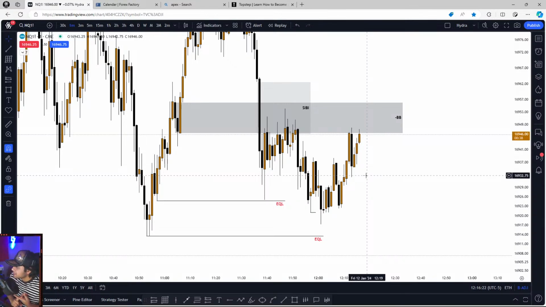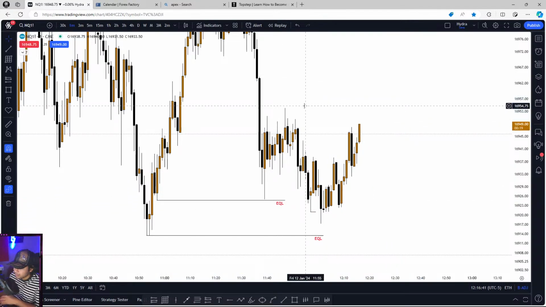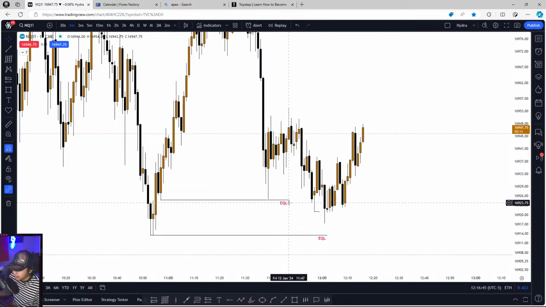Those 3 PDRAs will have to be high probability ones, not just any PDRAs that you see. So even though we had equal lows, we pretty much came down here with no SMT, and we are just moving higher. So very much not the A plus price action that I want to see, more like a B plus, a B type price action.